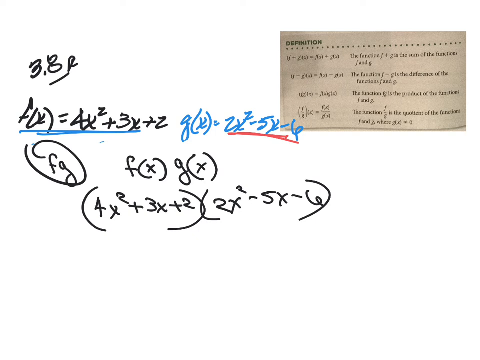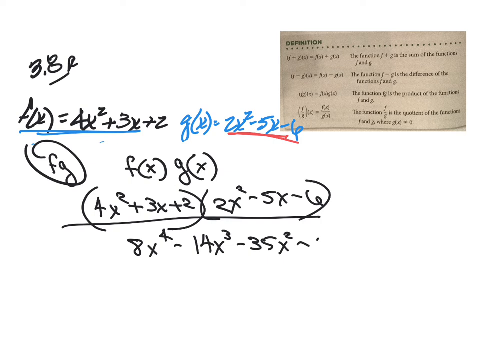So you're going to multiply all this out, which we've done in the past, and you end up with 8x to the 4th minus 14x cubed minus 35x squared minus 28x minus 12. And that's from the book, bottom of page 288. So when you multiply all these out, you get that once you combine like terms.